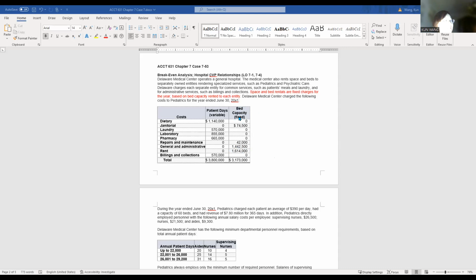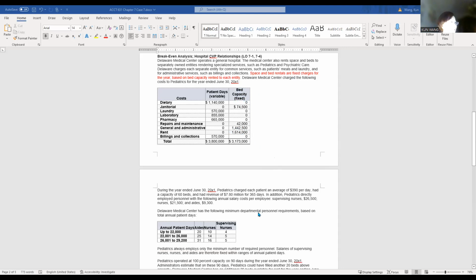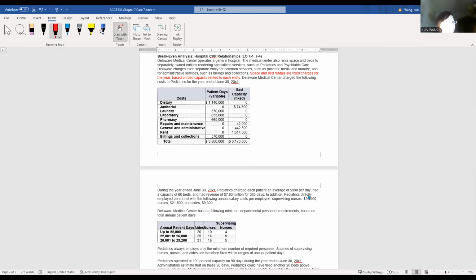And this one is given for 60 beds, I believe, for a full year. I think they do have the information here. Okay, so you need to put this information in correctly.